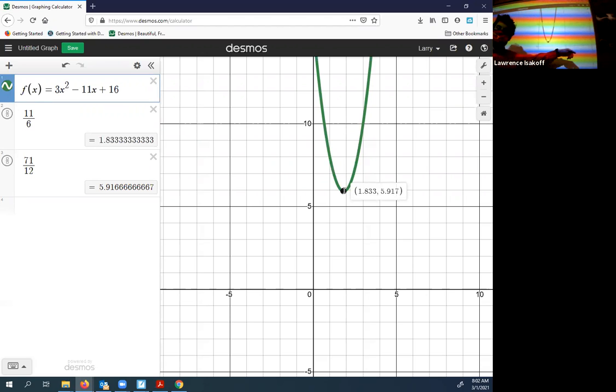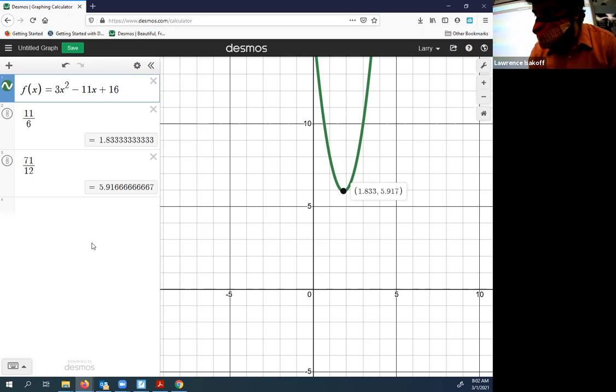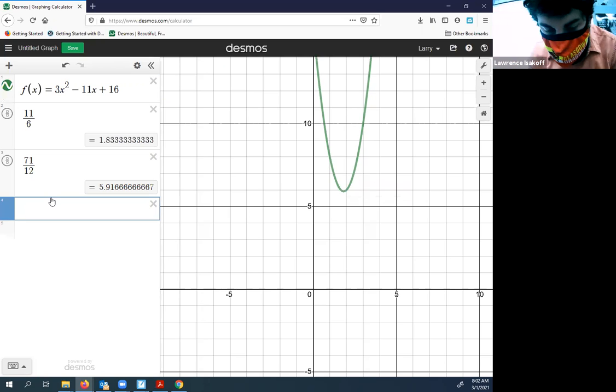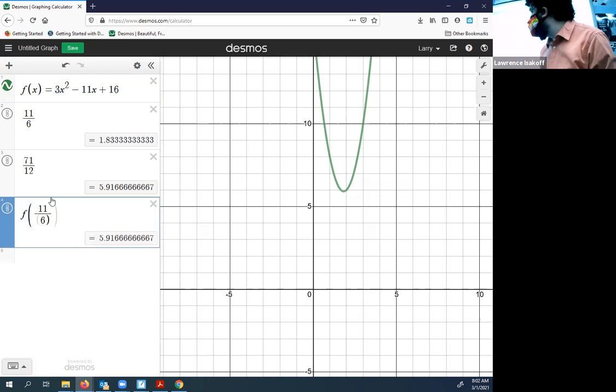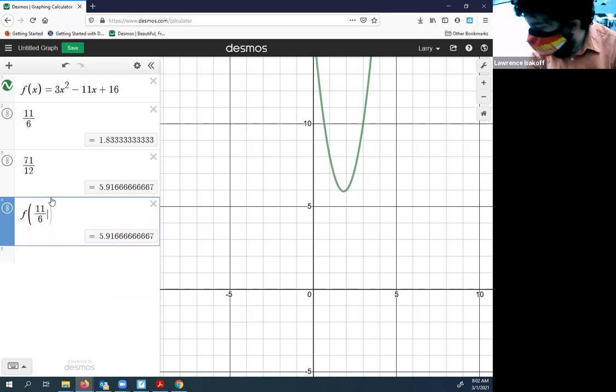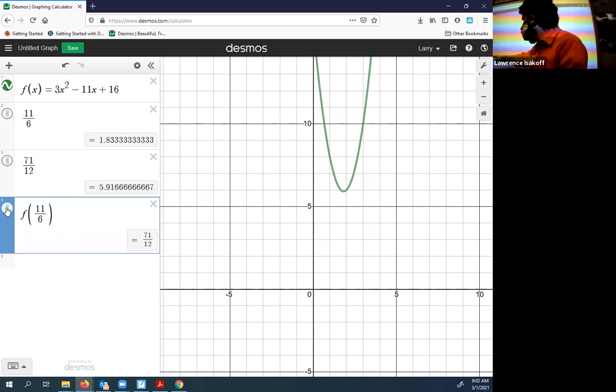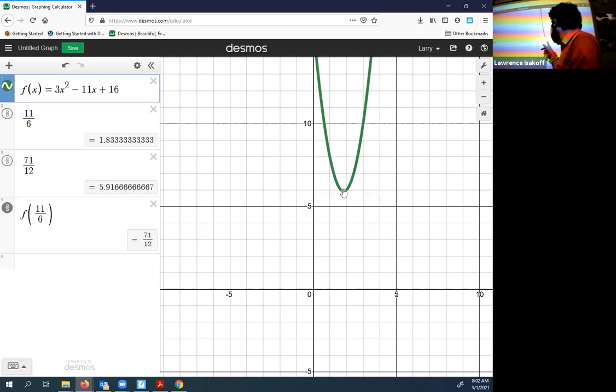It matches up with this. So hey, we did it right. We were able to do it without actually looking at the graph itself. We were able to say what the minimum was. And even if I do it this way, I could do f of 11 over 6. And if I want that as a fraction, I can use the little fraction here, 71 over 12. Same thing we got calculating it by hand.